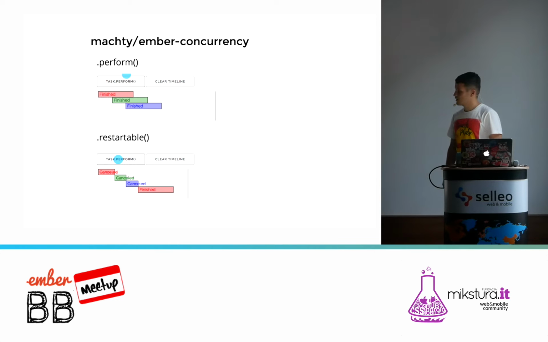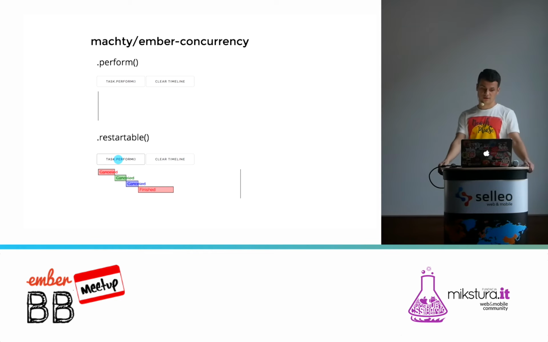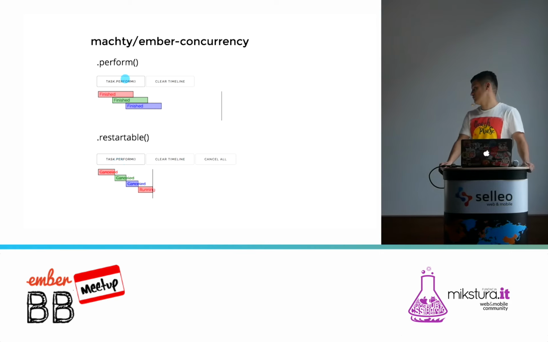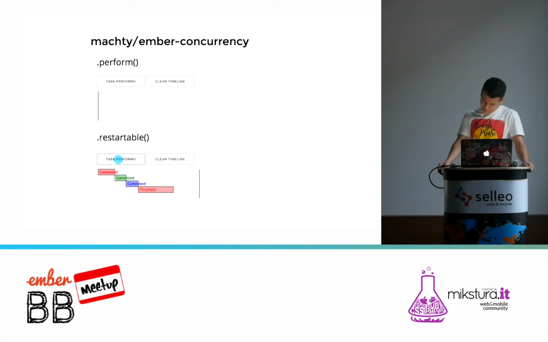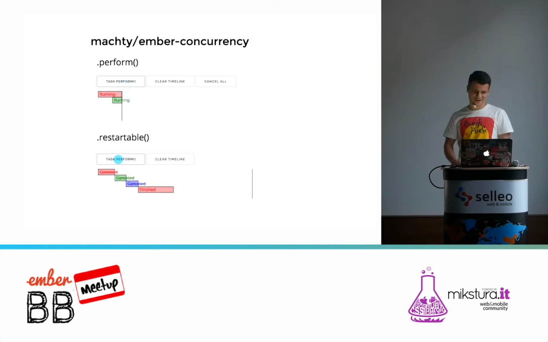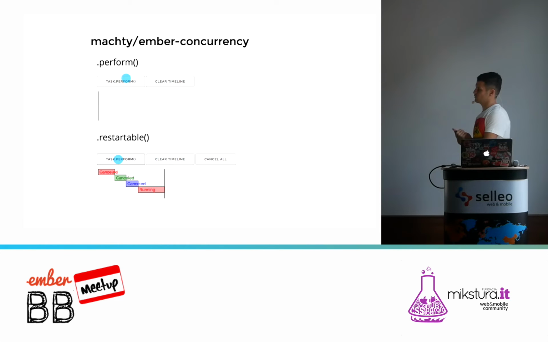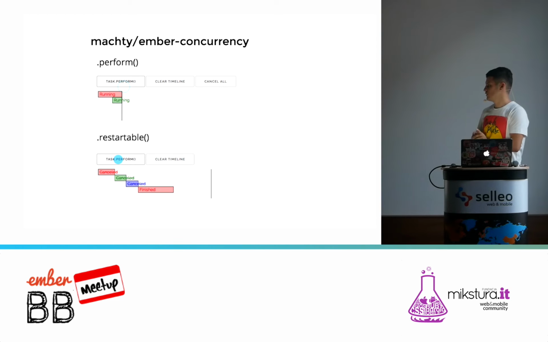Ember Concurrency. Those two examples are just a fraction of what this add-on is capable of, let's say. But every time you have to deal with any kind of queues, asynchronous programming, stuff like that, you don't have to worry.